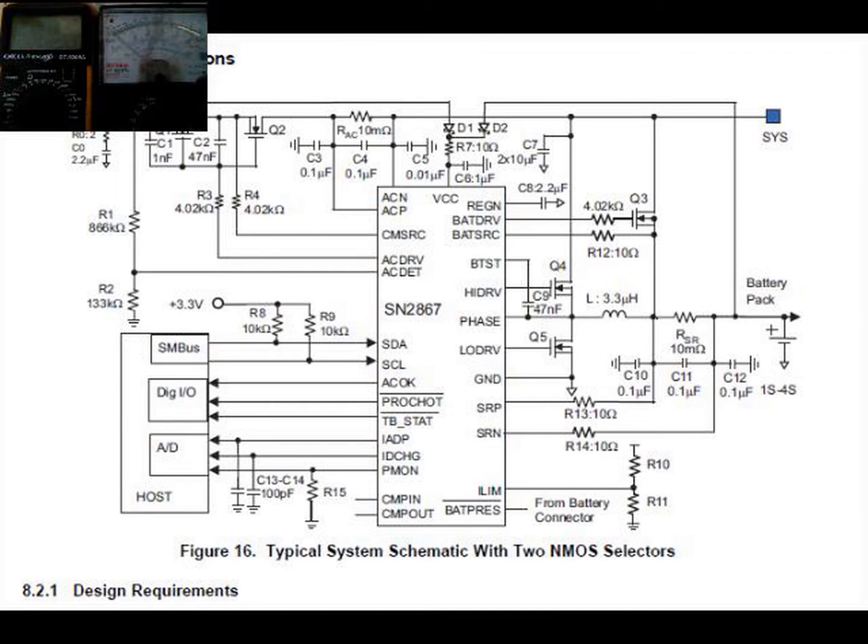If there is no schematic, I can find the schematics using the datasheet.